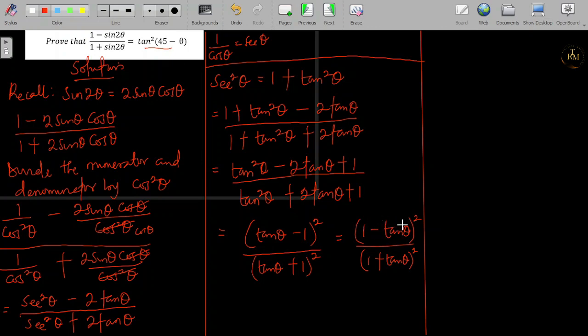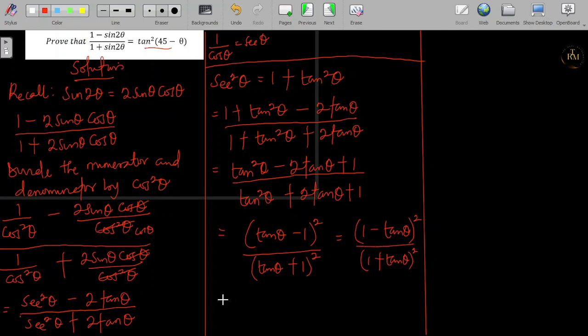What you have here, 1 minus tan theta, and tan theta minus 1 are actually the same thing; when you expand them, they give you the same value. So really, I've not changed anything. It's just because I'm heading to this particular value that I made a simplification like this.